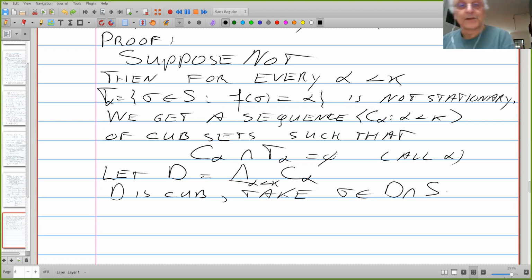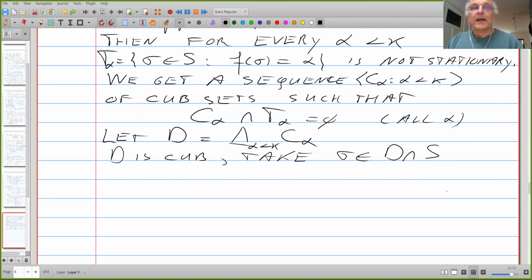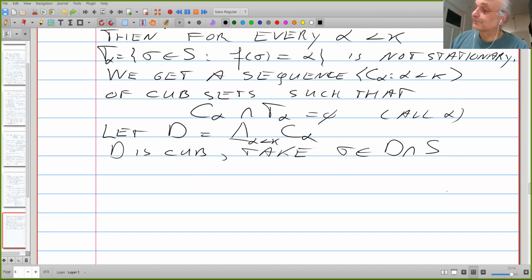Our set was stationary. We have a closed unbounded set. Better take a point in there because at least we have that. And now what happens? And we take the sigma non-zero, of course. Zero is not really important.